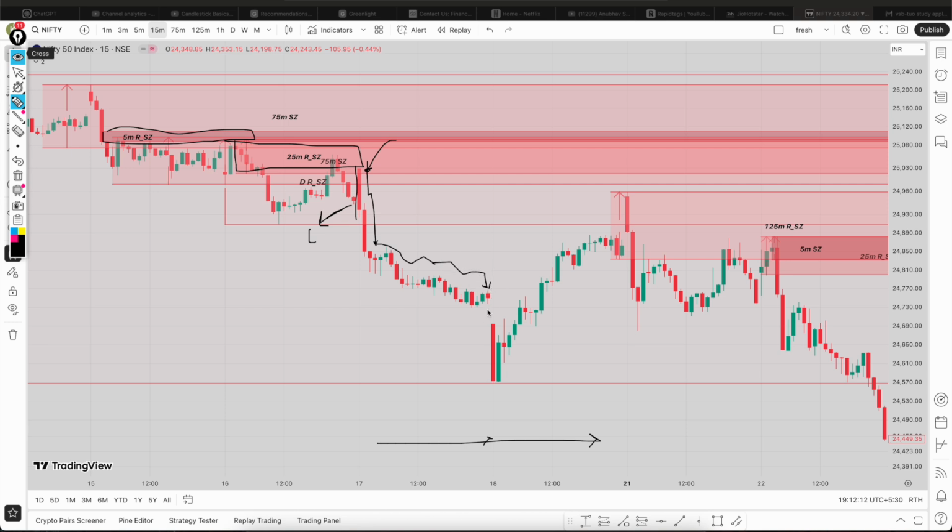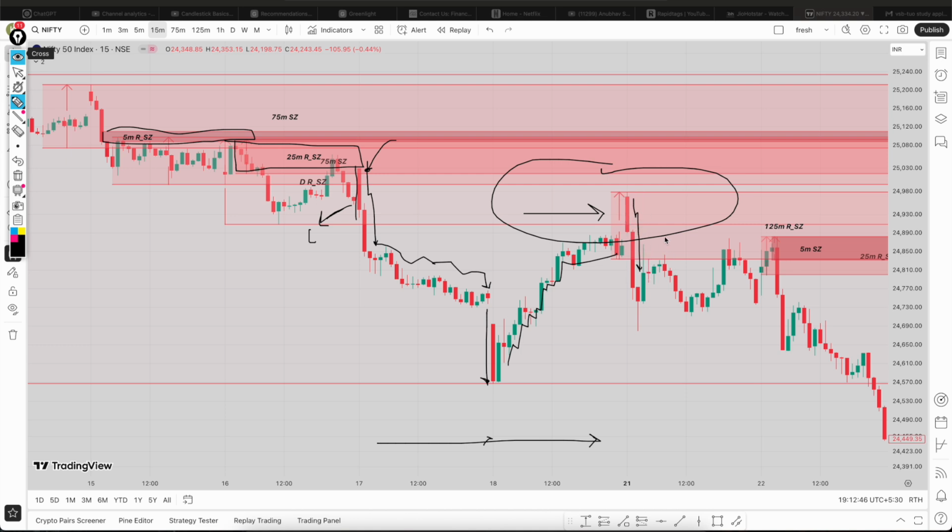Then on the next day, the market opened gap down, and after that a small buying zone was created, or we can say profit booking took place, in very small steps. And again, as soon as this particular candle entered this zone, which we have marked with some terminologies, it again gave a down move.